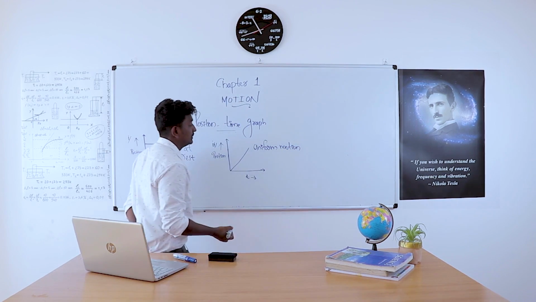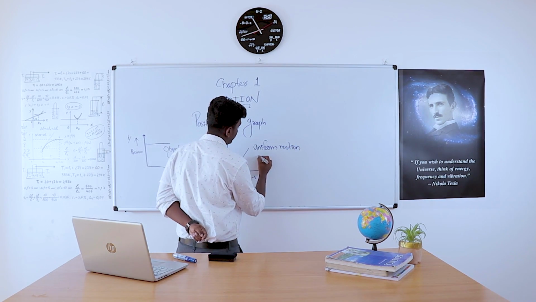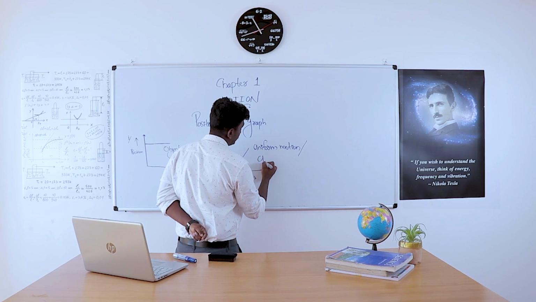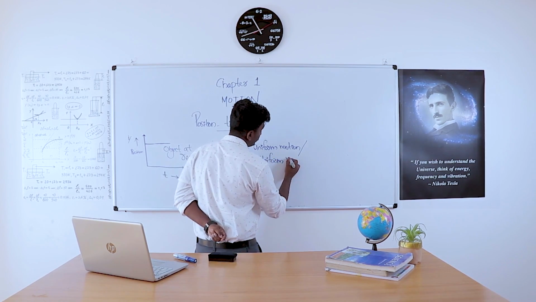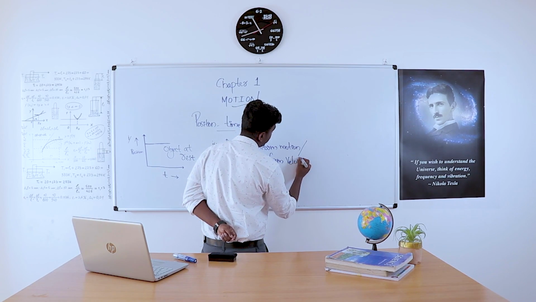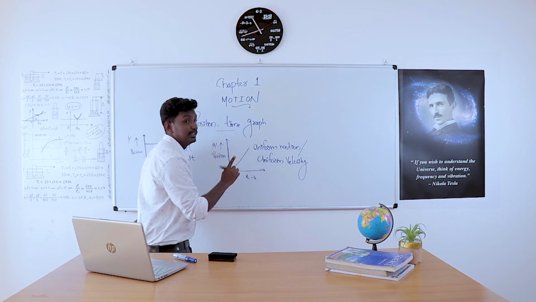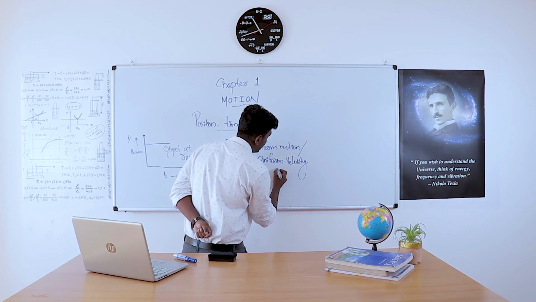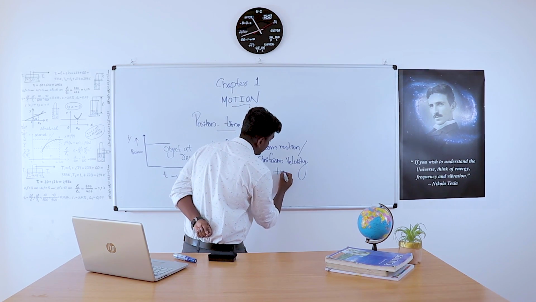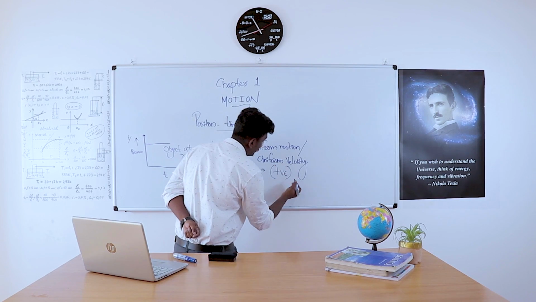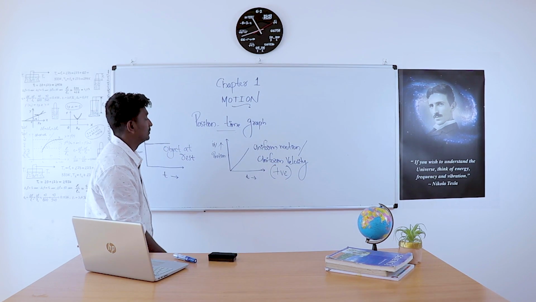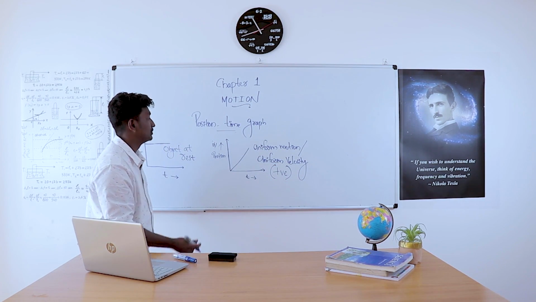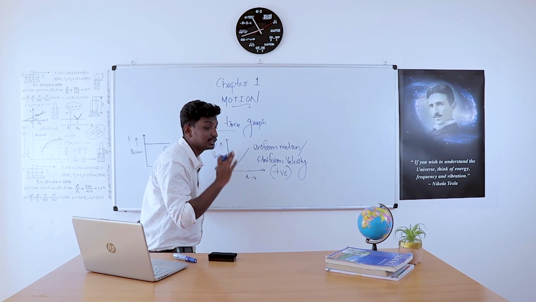Or we can say that the object is moving with uniform velocity. Since the graph is an increasing one, it is uniform velocity having positive value. This is the second nature of the graph.